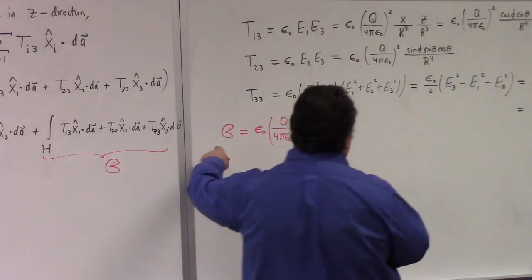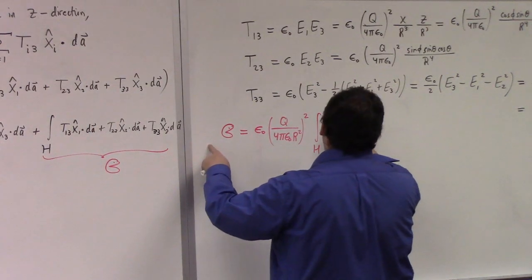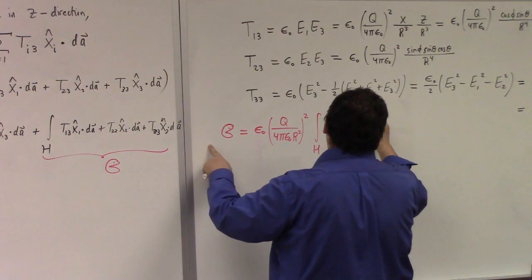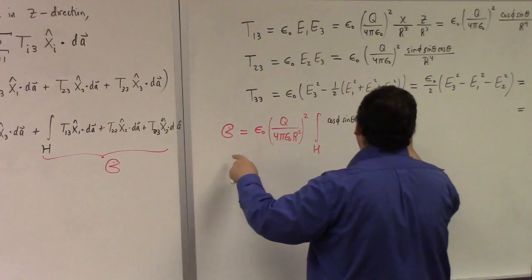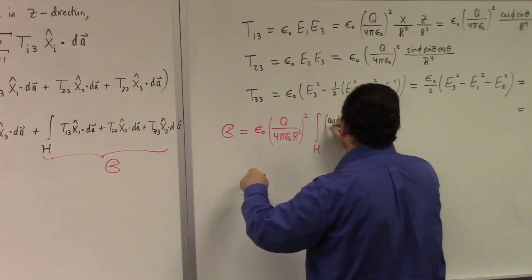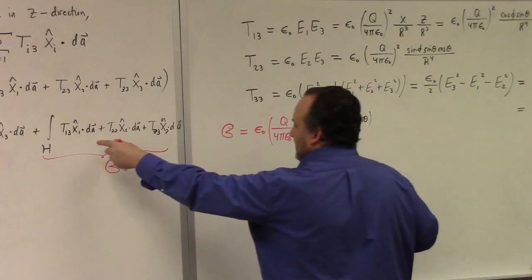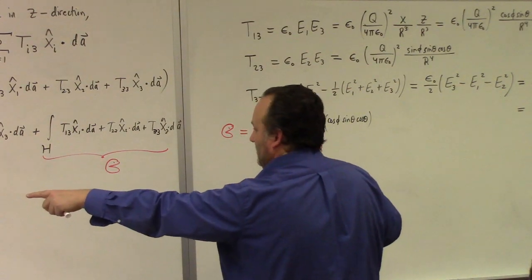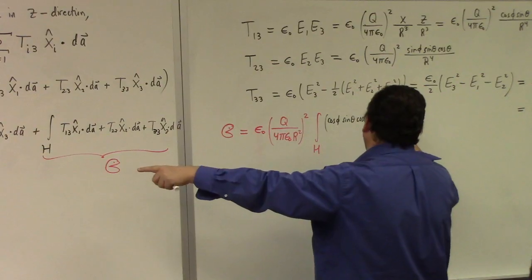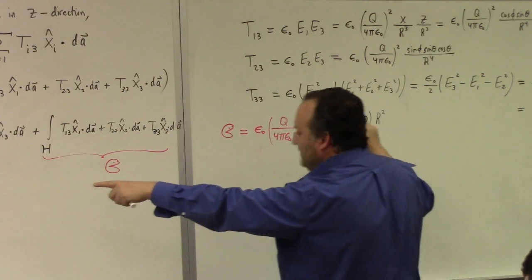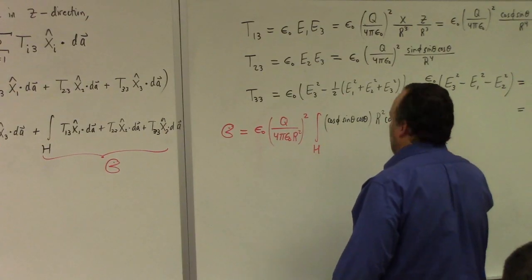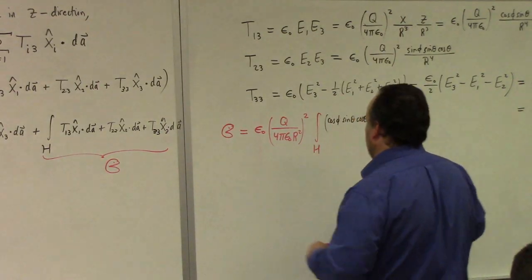So I have T13, which is, goodness gracious, cosine phi sine theta cosine theta times what? x1 dot dA, which apparently is r squared. What do I got? Cosine phi sine squared theta. I've got another r squared over there, but you know what?